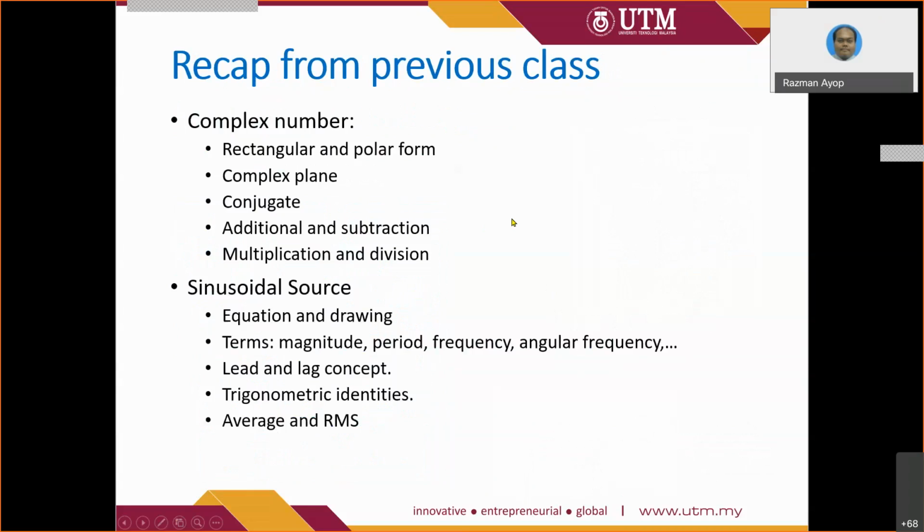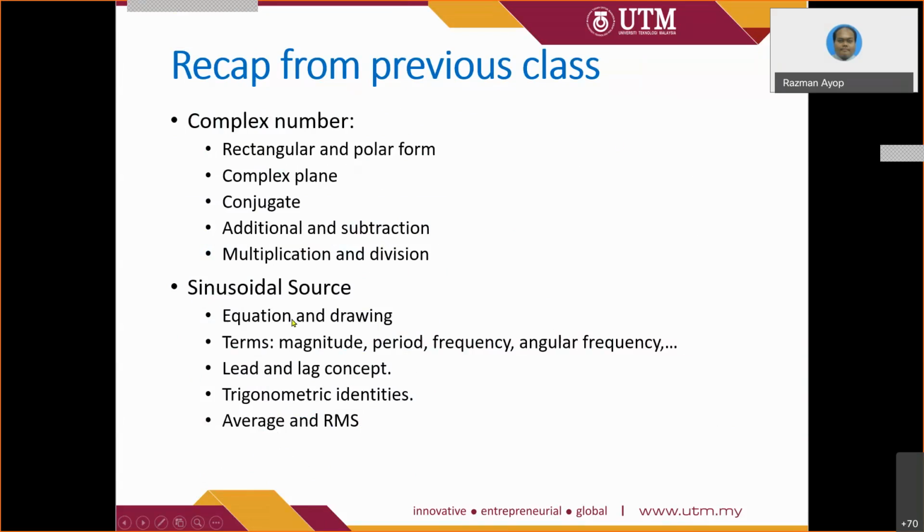Recap from the previous class: you learned about complex numbers and sinusoidal waves. You learned about rectangular and polar form, the complex plane, how to draw a complex number in a complex plane, conjugate, addition, subtraction, multiplication, and division.